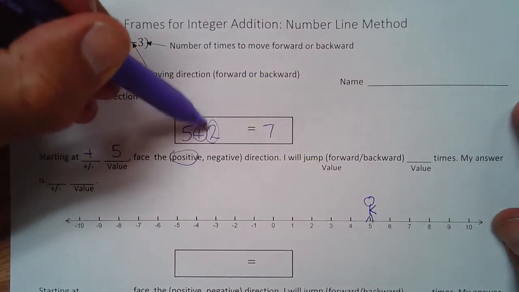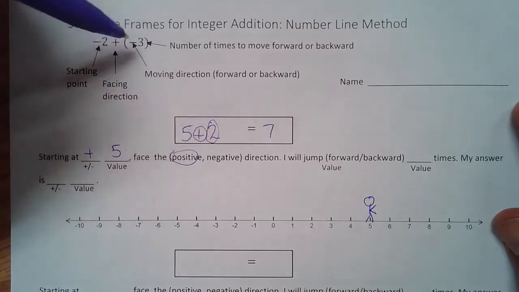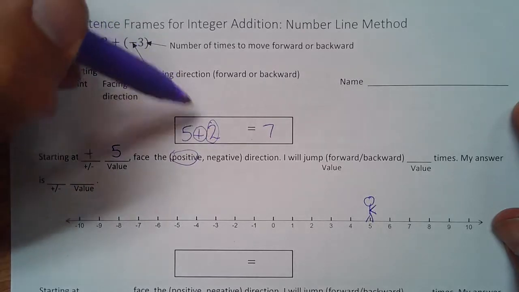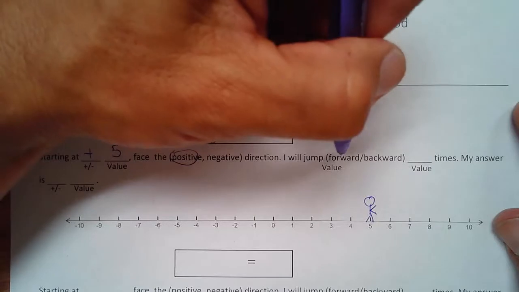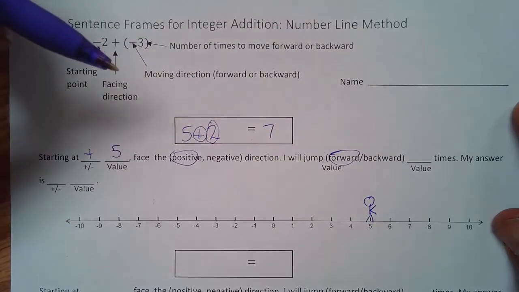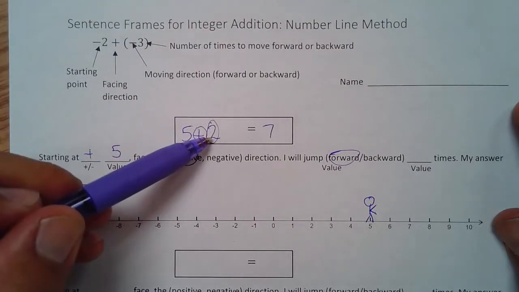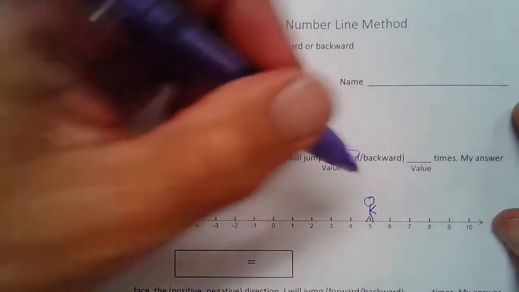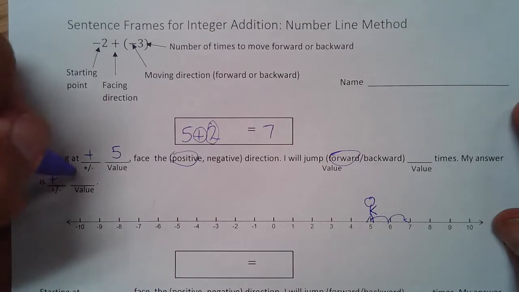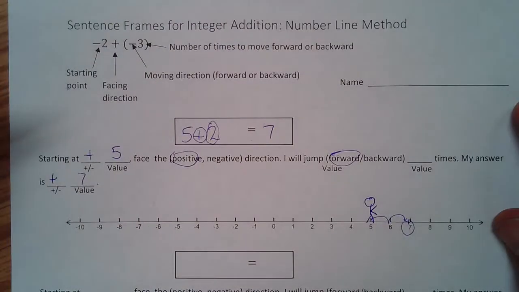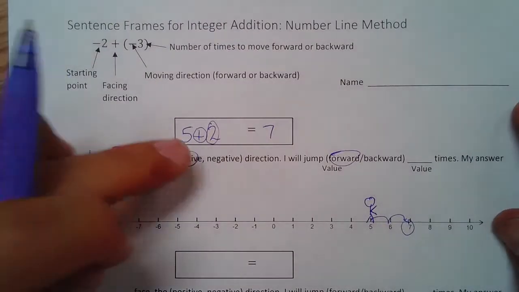That's a positive, so if it's positive, I'm moving forward. I'm going to move forward 2 times. 1, 2. And I arrive, my answer is +7. That confirms what we already know.